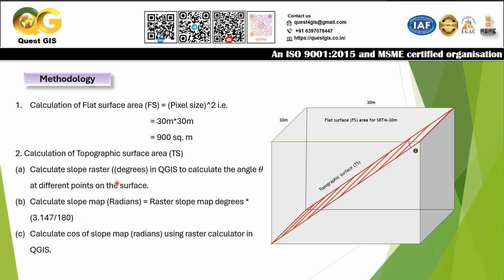After this we will calculate the cos of that slope map, considering the radian values, using the raster calculator in QGIS. We have used the raster calculator multiple times in our previous videos, and I'm going to demonstrate it in this video as well.